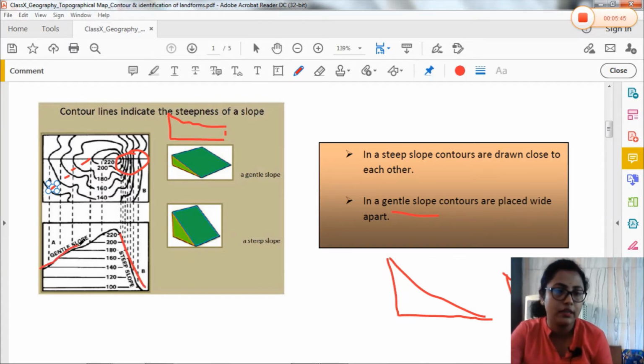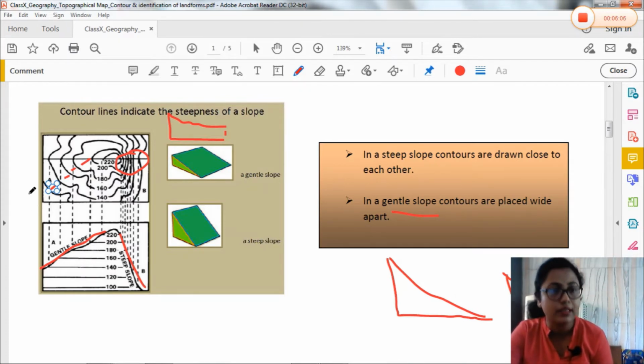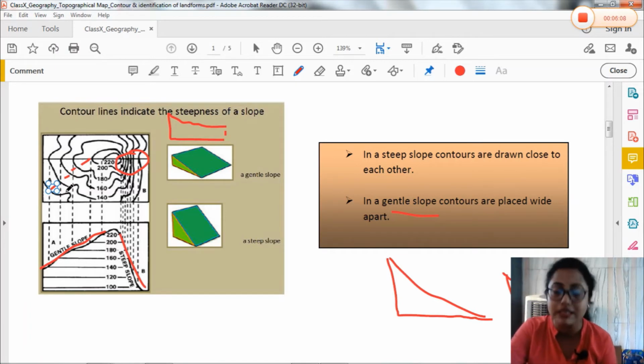Where the contour lines are widely spaced, it is a gentle slope. Where the contour lines are closely spaced, it is a steep slope. So always when the contour lines are closely spaced, it is a steep slope, mountain or highland type of topography, and where the contour lines are widely spaced, it is a gentle slope.